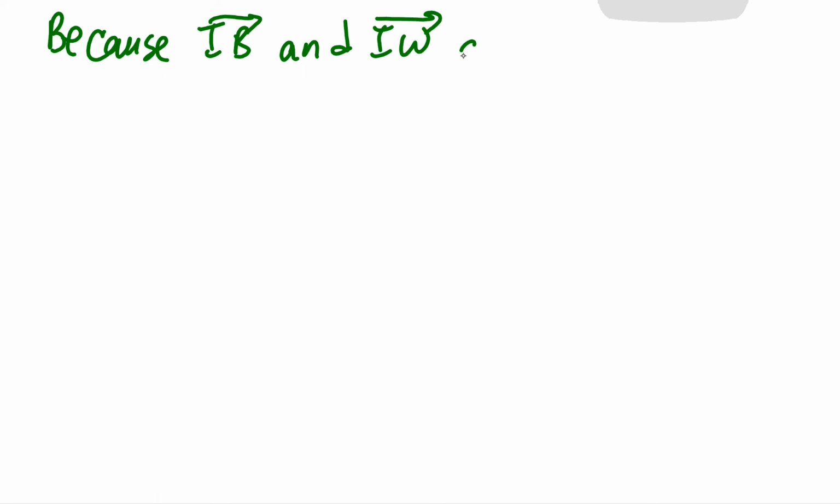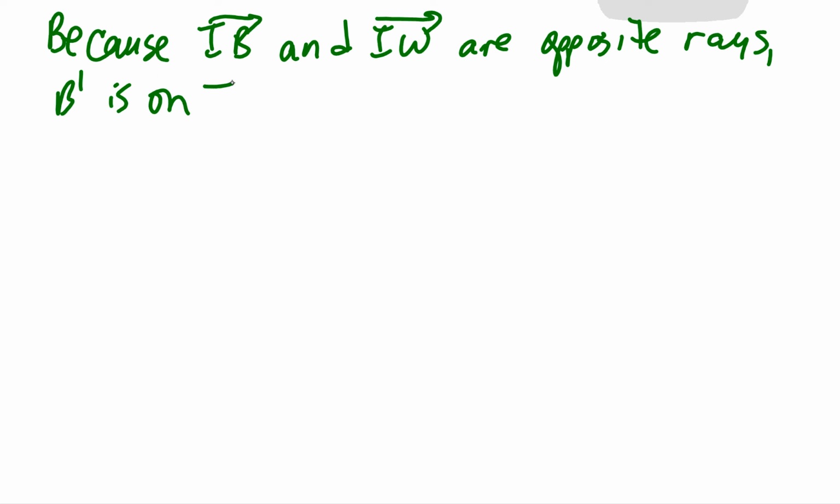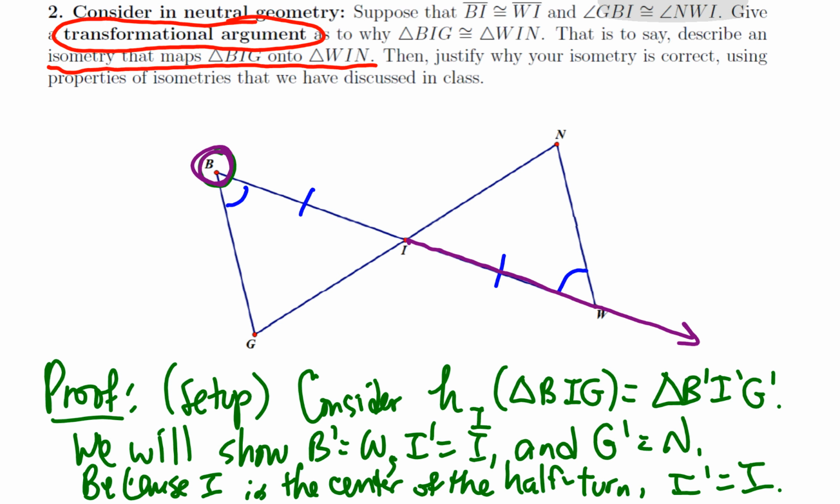We'll say that because IB and IW are opposite rays, B prime is on IW. But where? Where on IW is it?